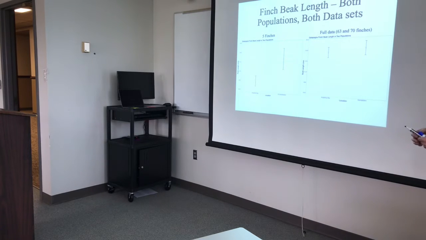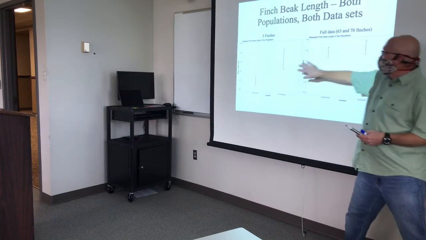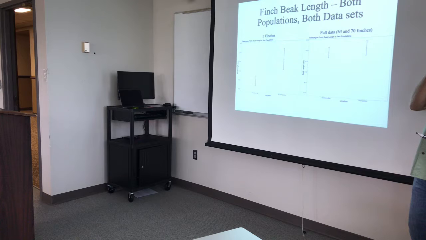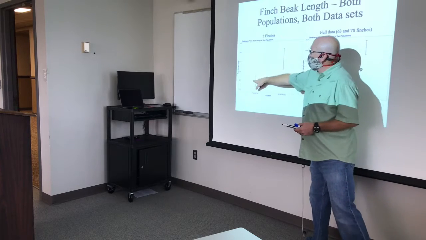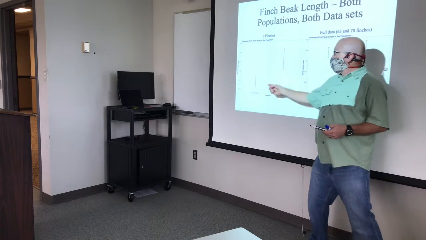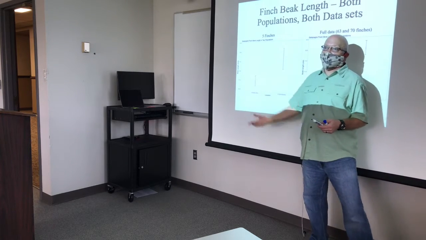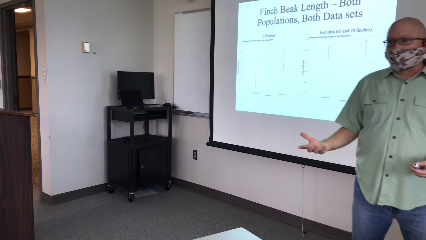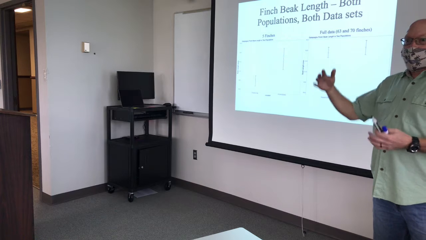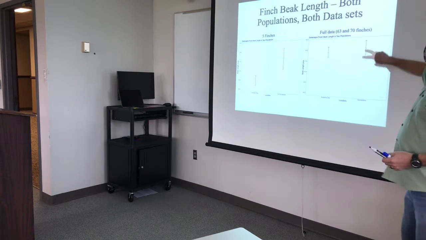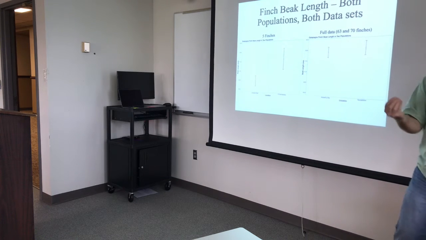If we put these two side by side, this is with 5 finches, this is with all the finches, 63 finches and 70 finches. What you see is that when we sampled only 5 finches from Academy Bay, we happened to randomly select 5 finches that were relatively small. When we had a fuller sample, it included more of the larger finches, the means got closer together, but the confidence intervals also got smaller.